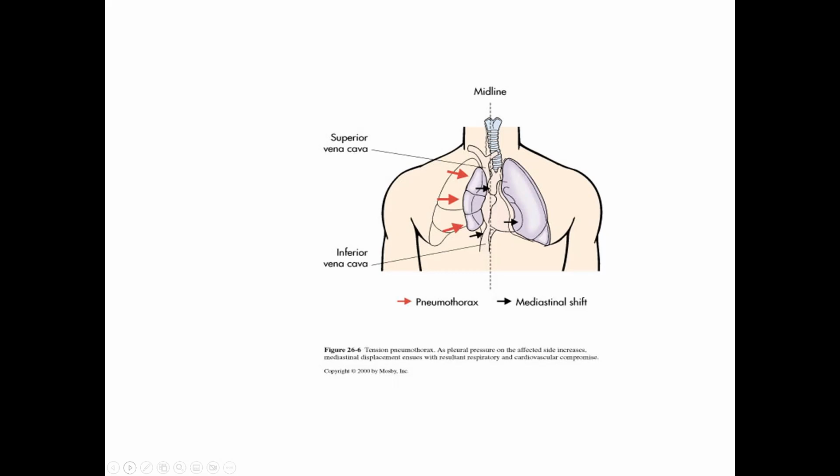What is actually going on is that the pneumothorax is pushing the anatomy. A little bit hard to see, all right? But if you look at the midline, the dotted line at the top of this depiction, the trachea is getting pushed away from the side the pneumothorax is occurring on.